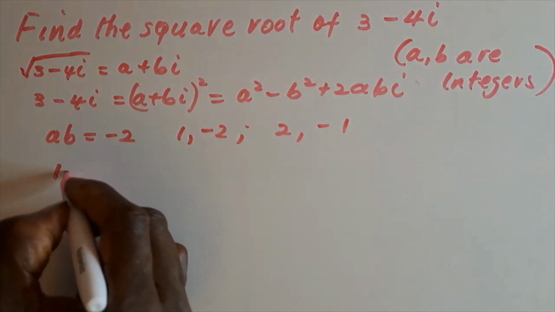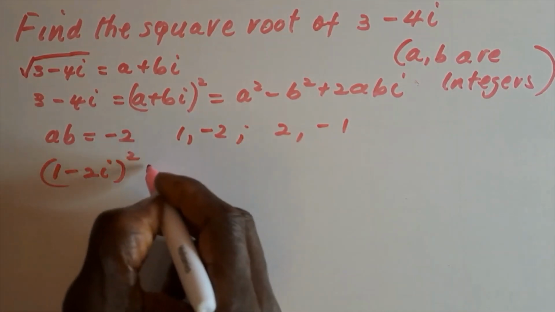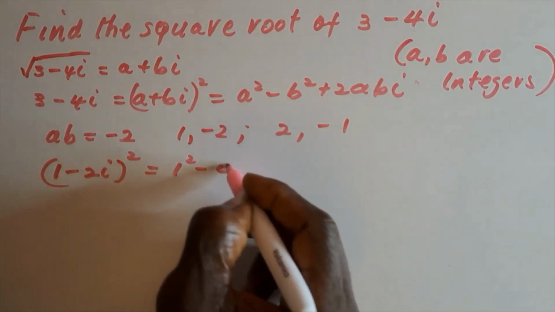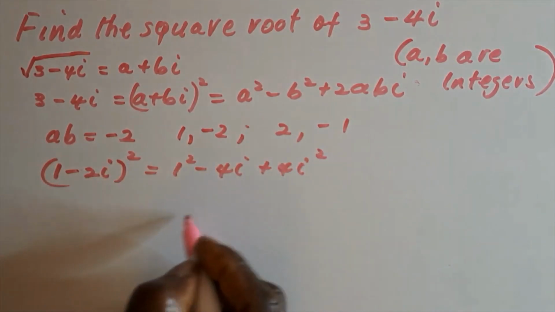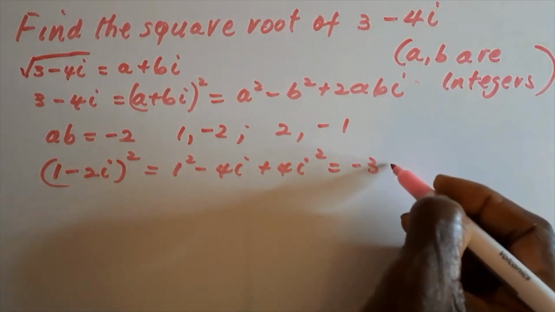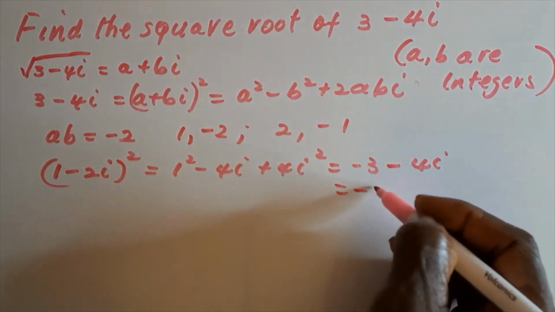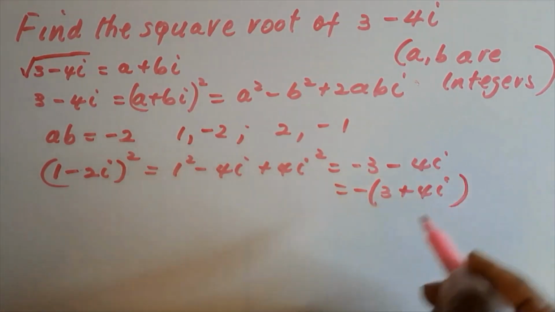If we look at 1 minus 2i, and we square that, we'll have 1 squared minus 4i add 4i squared, which gives us minus 3 minus 4i, which we can write as minus 3 add 4i.